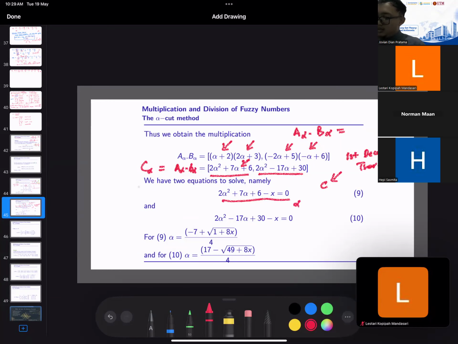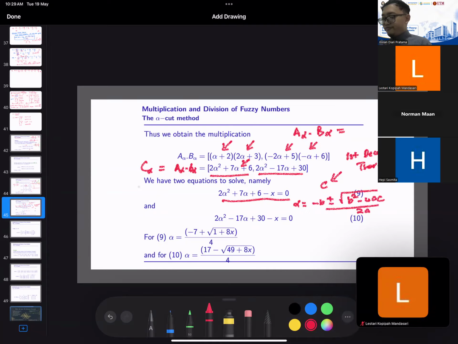Definitely you use a very simple concept. The roots of the equation are equal to minus b plus or minus the square root of b squared minus 4ac, over 2a.